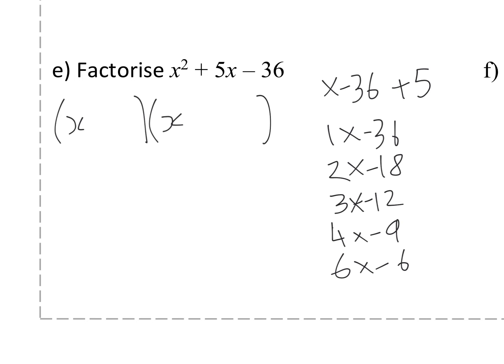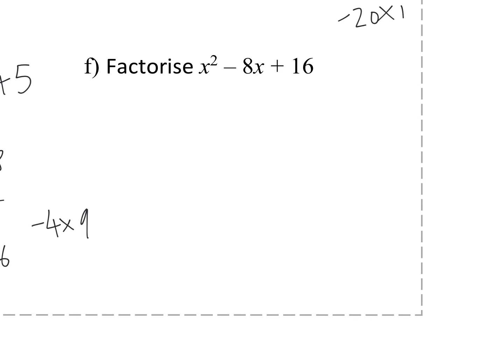Now I could keep going on like that, but one was very close. 4 times minus 9 gives minus 36. They add to give minus 5, so I could just change that slightly and go minus 4 times positive 9. Switch the signs about. Minus 4 plus 9 gives you 5. So the answer is minus 4 and plus 9.